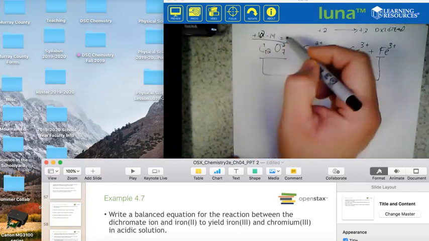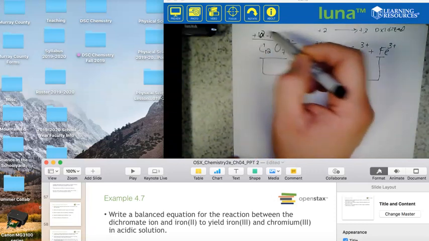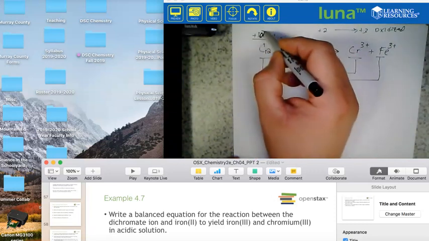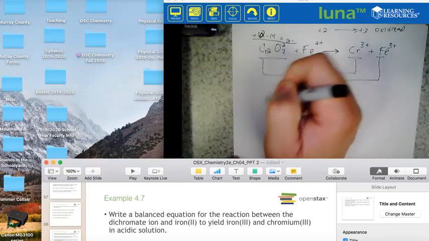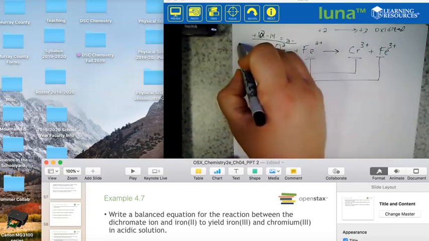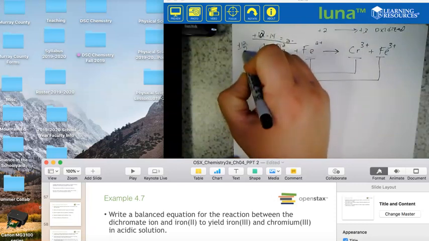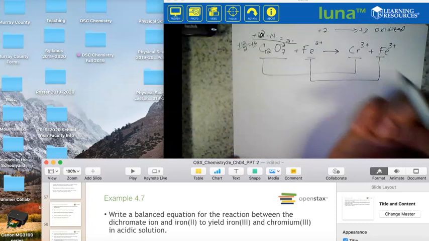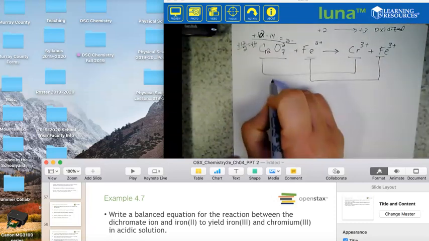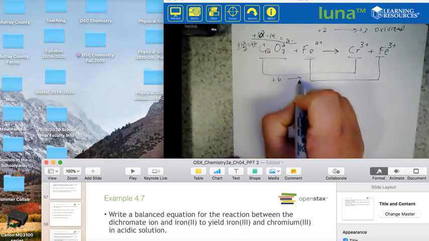Positive 12, and 12 and -14 is -2. And because there are 2 atoms of chromium, this is 12 overall, but per atom it is going to be +6. So chromium went from +6 to +3. So it became reduced.